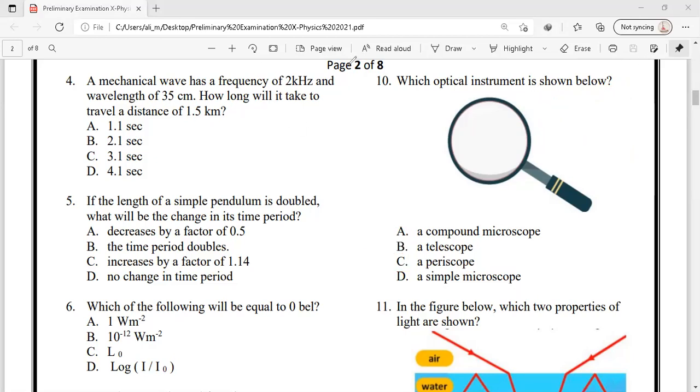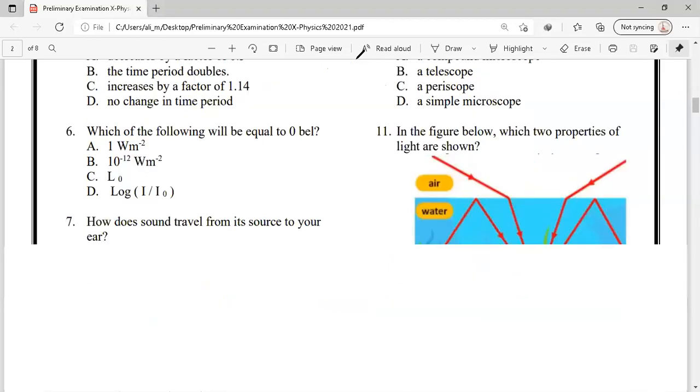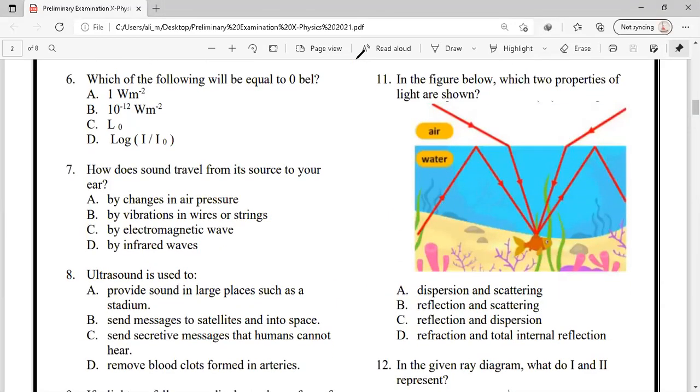So let's see question number 11. In the given figure below, which two phenomena of light are shown? So this is the phenomenon in which light is entering from air to water, and it changes its direction of propagation. So this phenomenon is the refraction of light.